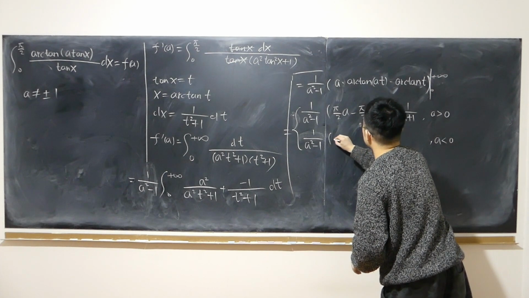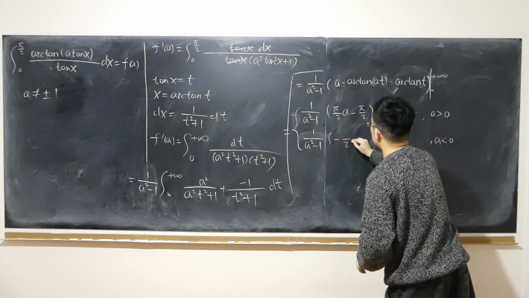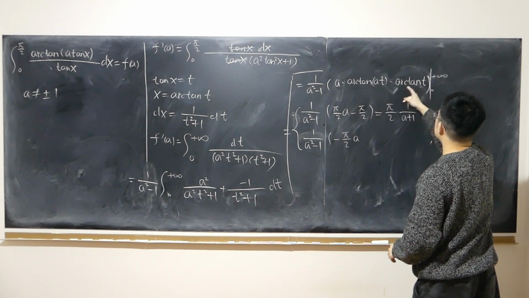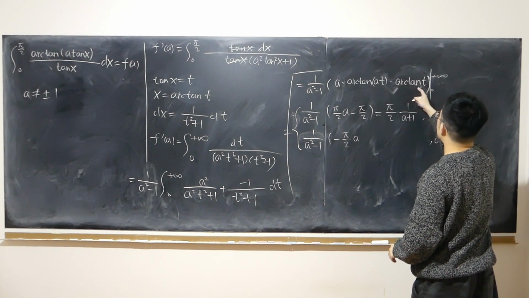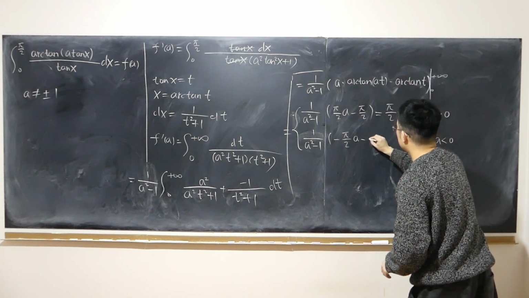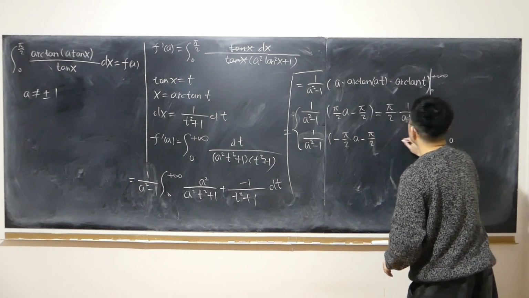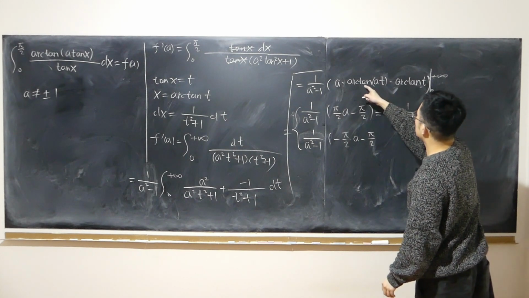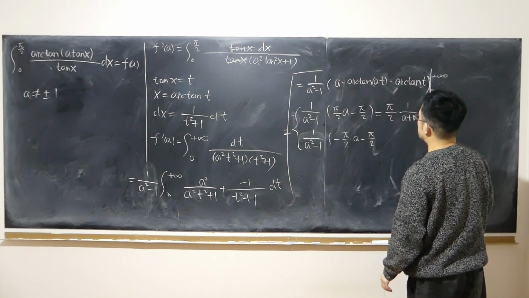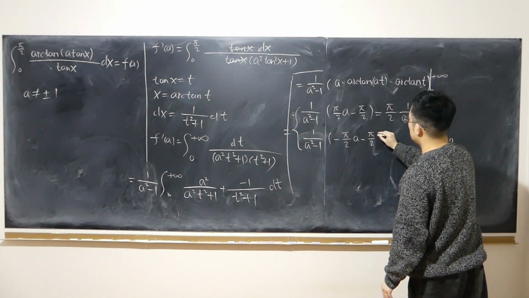Negative half pi times a, and this is the same, don't worry about it, still minus half pi. At 0, it doesn't matter.